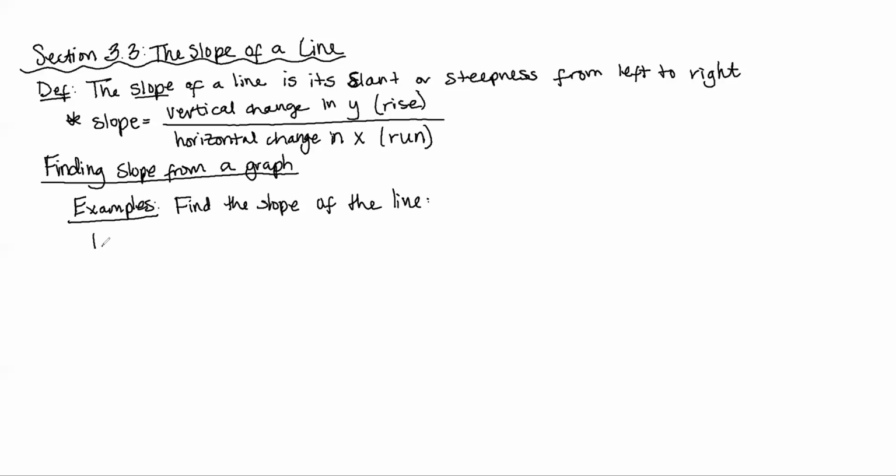So number one, I'm going to draw our axes first. So remember, x is horizontal, y is vertical. And we're going to have 2 points on our line. I'm going to label that as -1, -4. And our second point is the point 1, -1, so right 1, down 1.